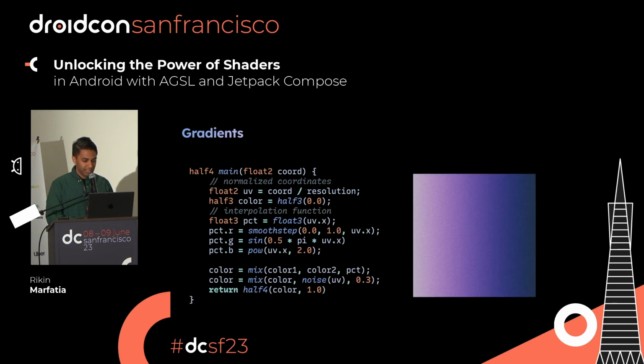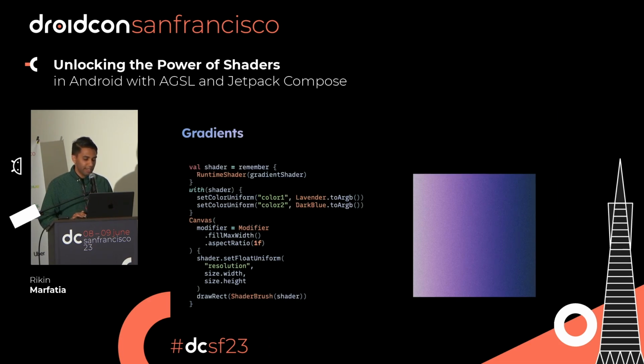And just to bring this full circle, how I'm actually rendering this is I am drawing a canvas, and I am just drawing a rectangle, and I'm using the shader that we created as a shader brush for that rectangle. So that's how I'm rendering that square. And I'm setting up some of the inputs by just setting those uniform values in our compose code. And then it just works.